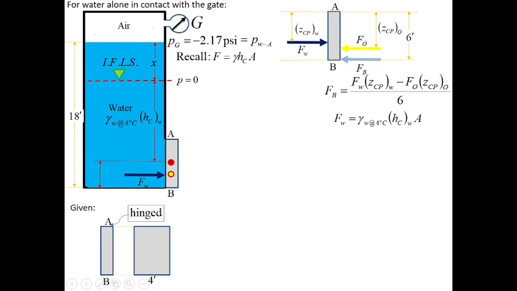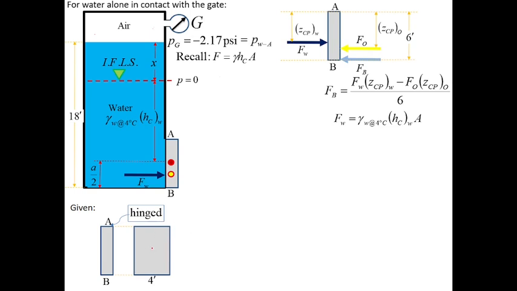Now, considering the distance from the bottom of the gate up to the centroid of the gate, this is A over 2. Why is it A over 2? Because our gate is a rectangle, right? So this is the right side view of the gate, and it is a rectangle.